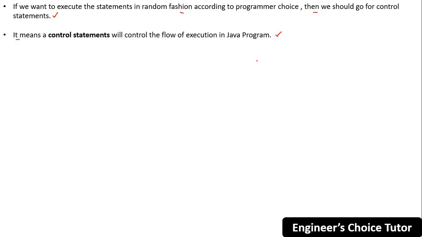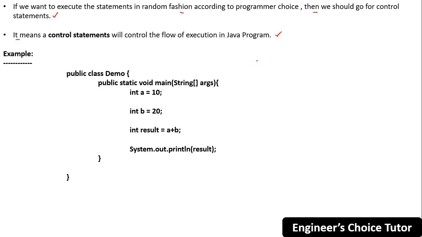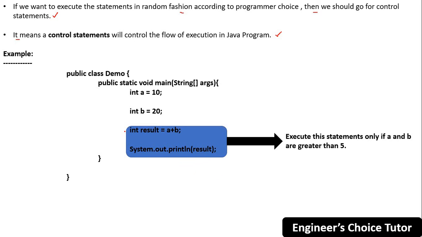For example, I have the same example here, but this time I want to change the flow of execution. I want to introduce one condition. The condition is, these two statements will execute if a and b are greater than 5.